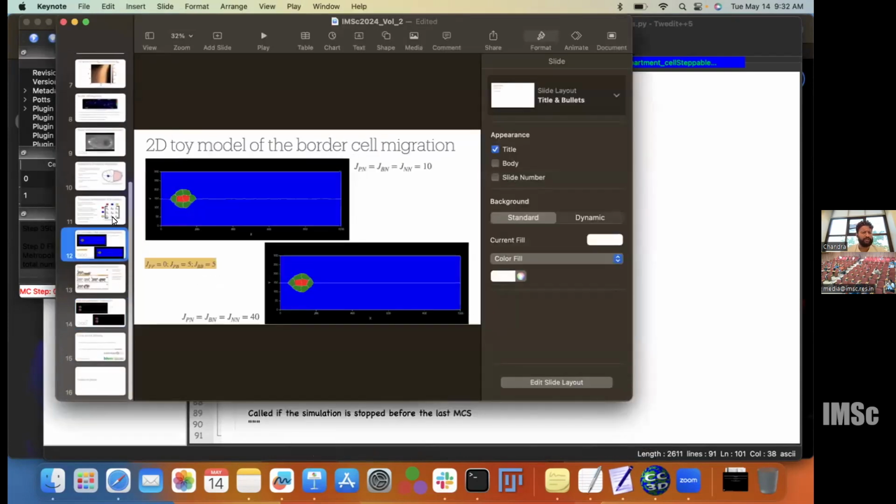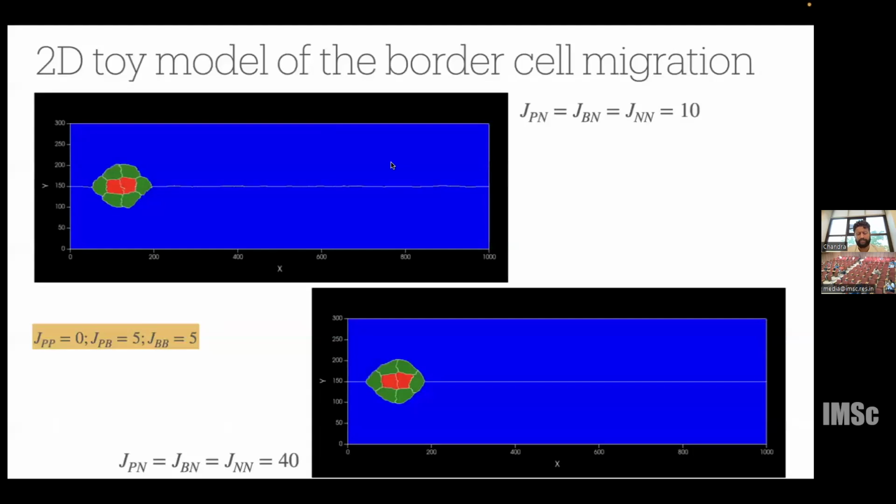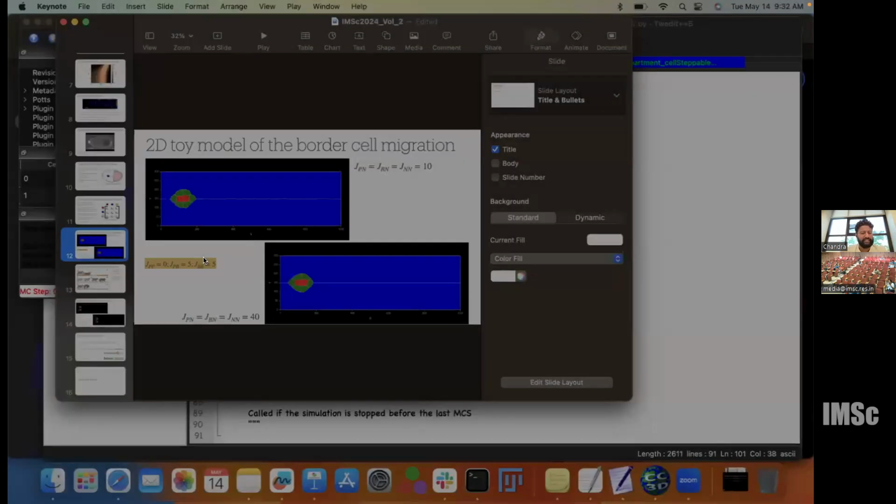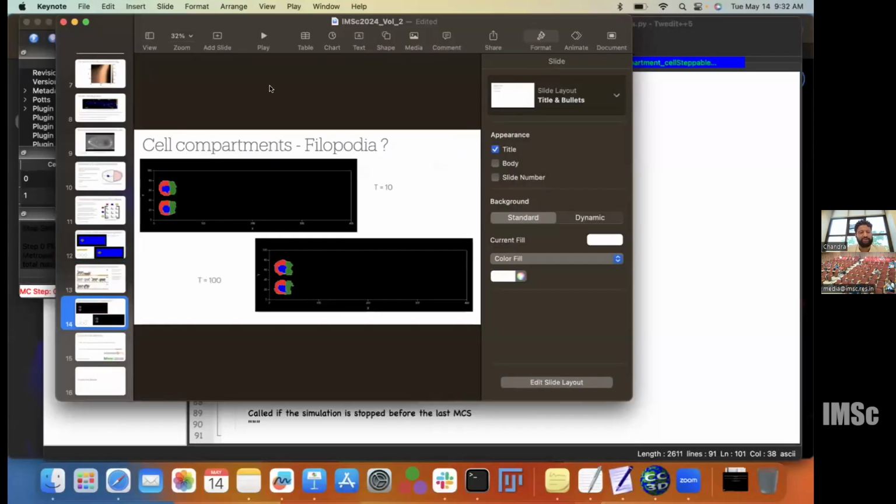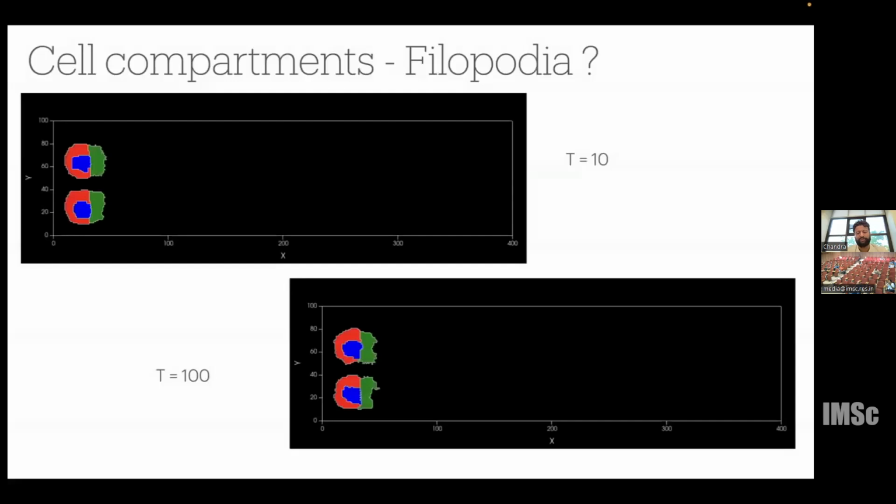To go back here. This is the one you're referring to, right? Oh yeah, so that was not a border cell. That was just to show that you can make a cell into multiple components. I just added two just to show that. They're actually migrating independently. Yeah, that's true.